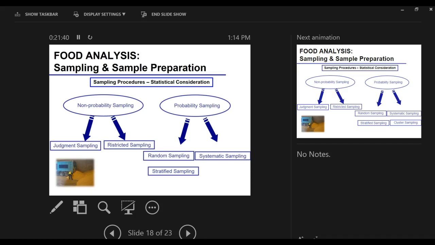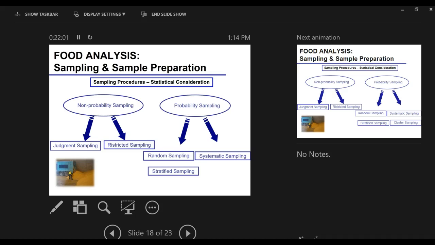You would stratify, so you would divide your population based on the number of plants you have, and from each plant you apply random sampling. So random sampling is within stratified sampling, and this is for when you have multiple plants producing the same thing by the same company.